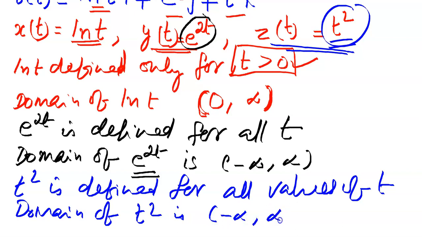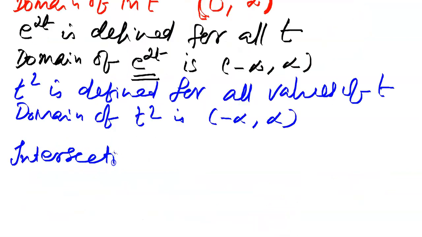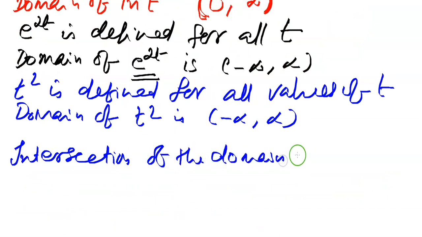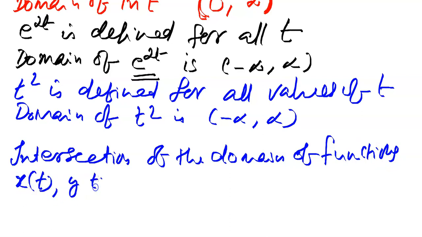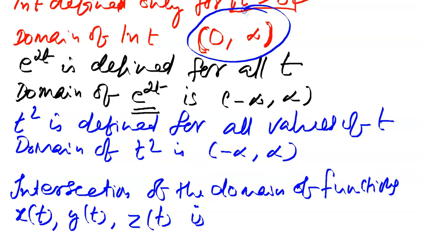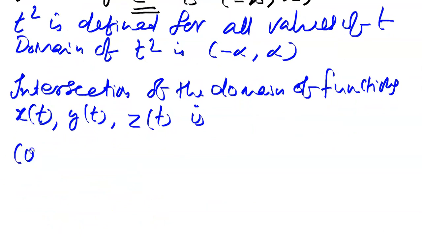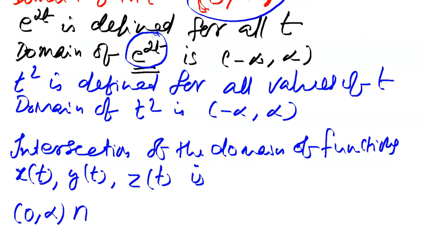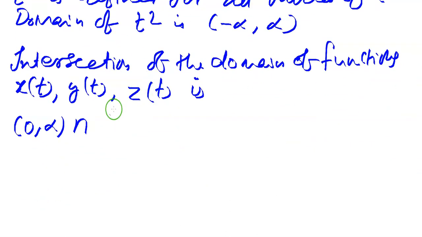Therefore, the domain of t square is minus infinity to infinity. Intersection of the domain of functions x of t, y of t, z of t: the domain of log t is 0 to infinity, intersection the domain of y of t, e raised to 2t, minus infinity to infinity.